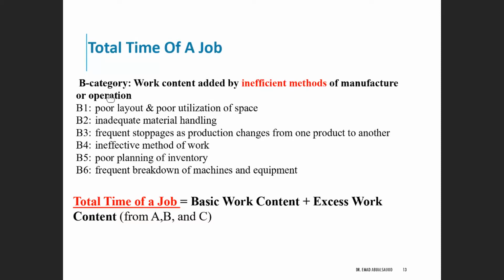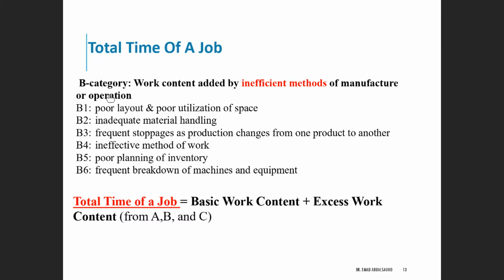This is just an example here, just to make things clearer. But when we go to systems, for example, poor layout, the building layout. If you go to a building with no signs, and I believe many of the engineering students know what I'm saying. You go to a building that doesn't have signs of where the corridors are, where the labs and the classrooms are, or even where the elevator is located.